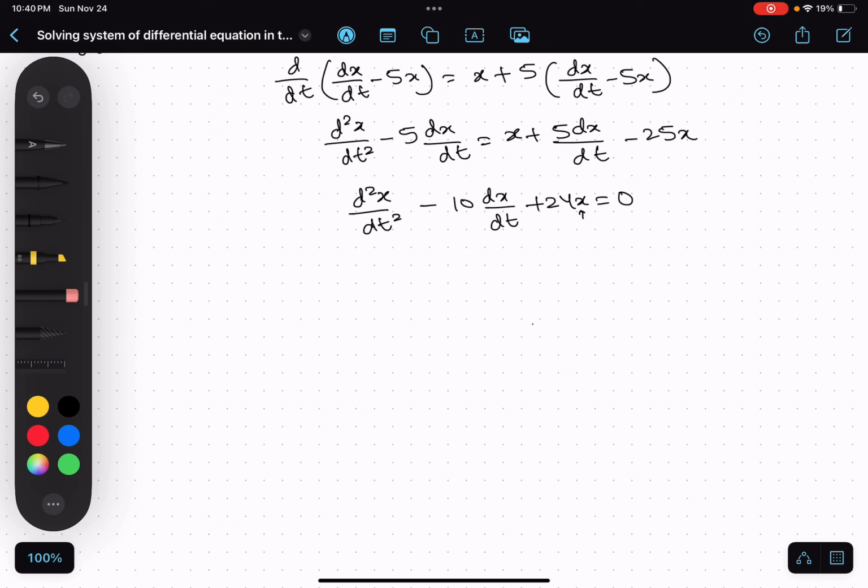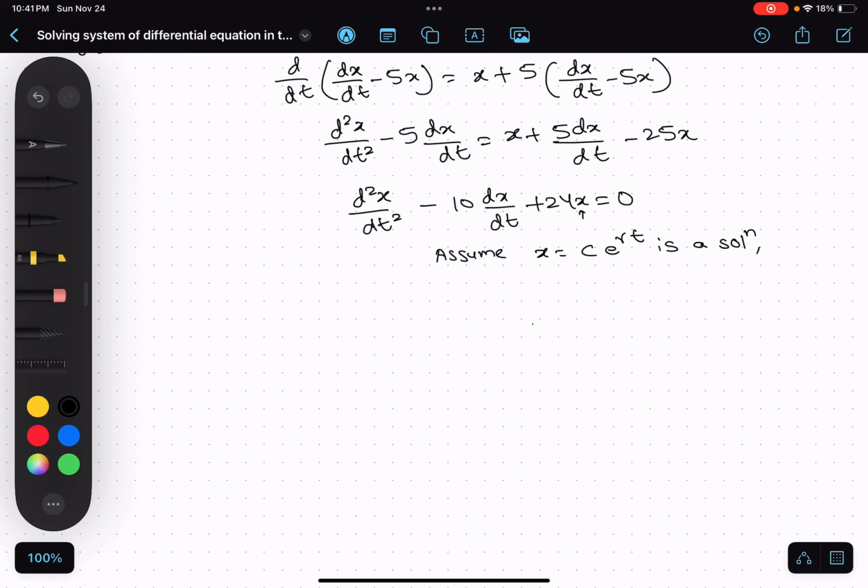Now over here, we will assume x = c e^(rt) is the solution, right? I can also generalize this solution with the c, because c can just be taken common, and c times 0 is still 0.